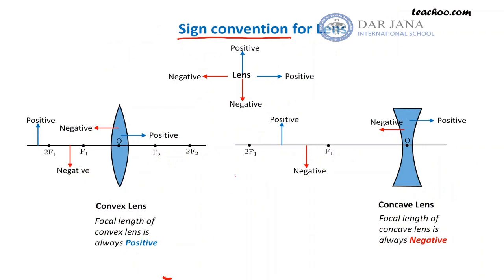Now this is a very important slide for calculation. First of all, that's a convex lens. The focal length is positive, so F is always positive. Here, F is always negative.